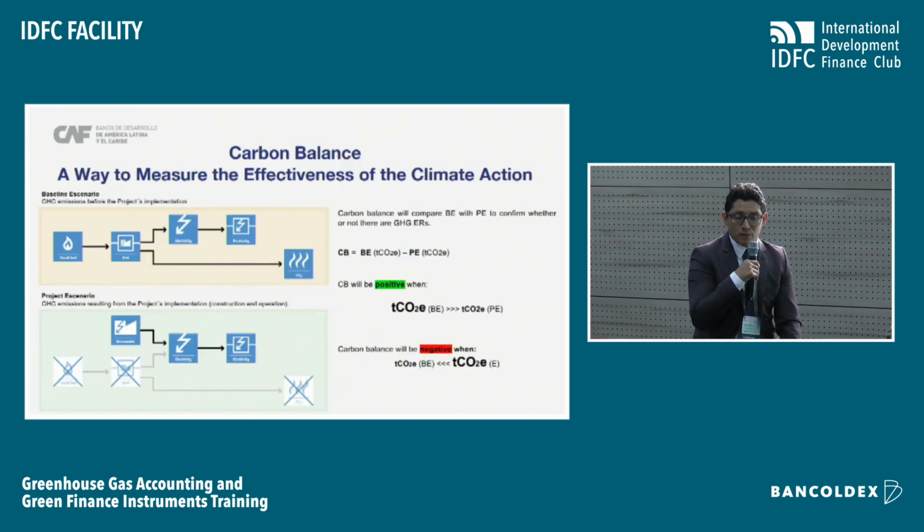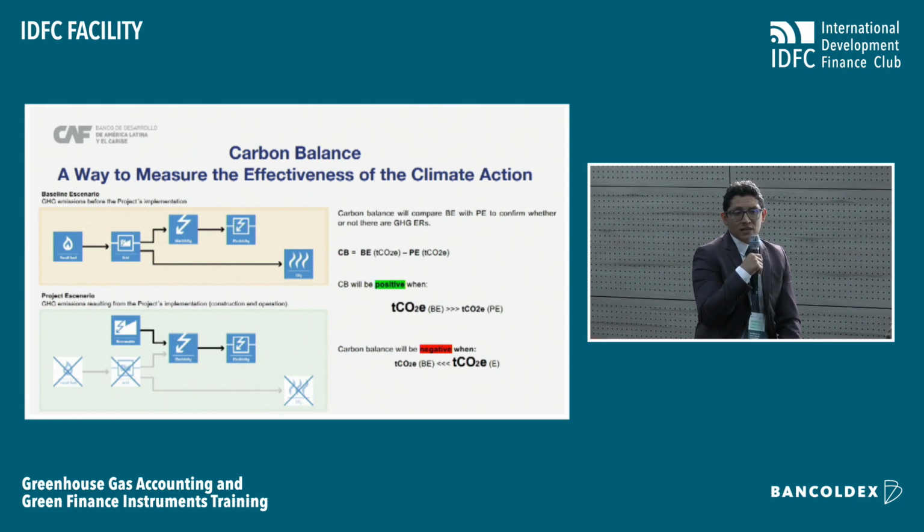That calculation is based on the UNFCCC guidelines. Basically, we establish the baseline scenario for the project, meaning the emissions in the absence of the project activity, and the project scenario, including the construction and operation emissions resulting from the implementation of the project.